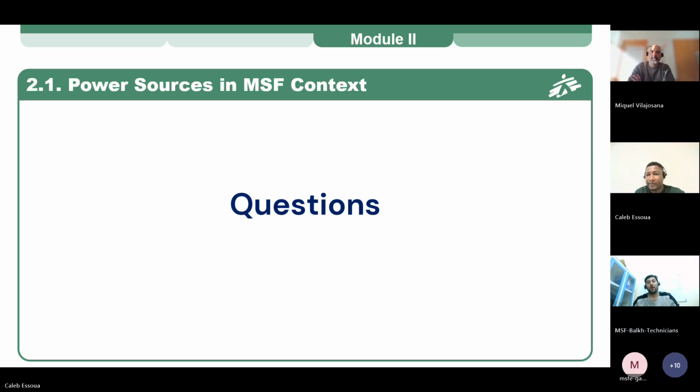Sorry, sir. I have a question regarding the grounding rod. In the MSF and IRC electrical guideline book, I read about the grounding rod installation, but I didn't catch it clearly. So when you are going to install a grounding rod, like 3 meter or 2 meter, do we have to pour some salt and also coal or other things?